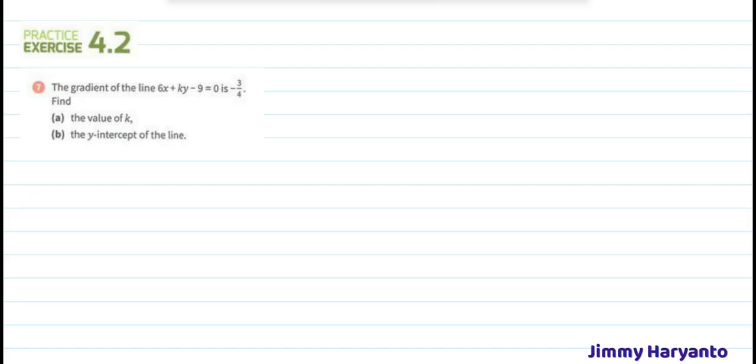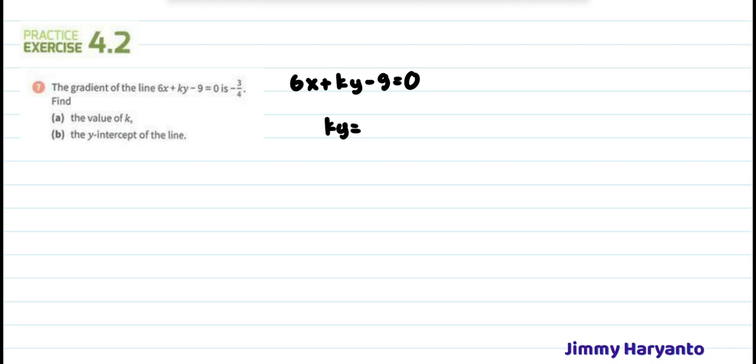And then question 7, the gradient is already given and also the equation of the line, but the equation of the line is not y equals yet. We have to make it into y equals first. So move the 6x and negative 9 and then divide them all by k.